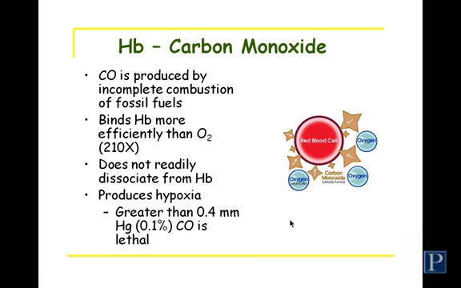And why they put CO2 in there: CO2 is a very potent stimulator for respiration. It's a much more important stimulator for respiration than low oxygen. So CO2 levels really stimulate that patient to try to increase their breathing. Obviously if they're real bad, they may not be breathing all that well, but that mix promotes them to breathe in that mixture a little bit better. There are other treatments that they use to try to get rid of the carbon monoxide, but this is just one of the basic things that they do.